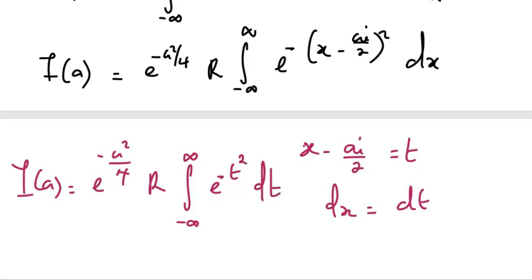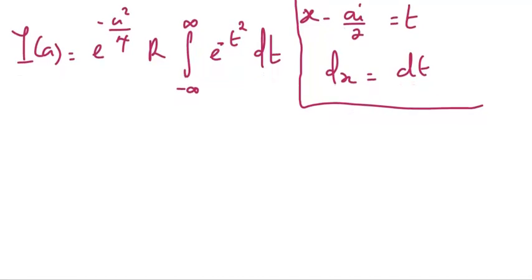And this is the well-known Gaussian integral, which is equal to the square root of pi. So here I of a is equal to the real part of the square root of pi, which is the square root of pi. So therefore we just have the square root of pi multiplied by e raised to the power of negative a squared by 4.